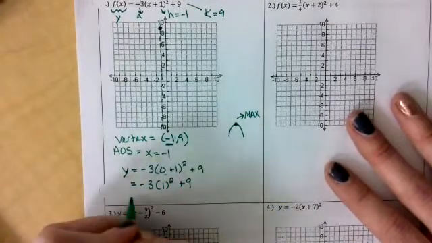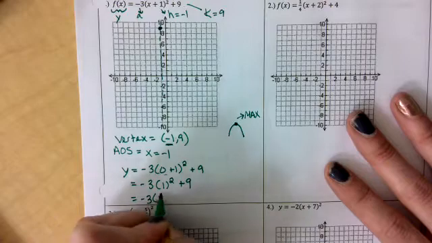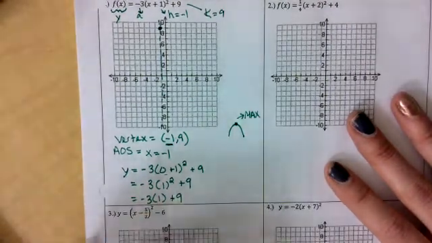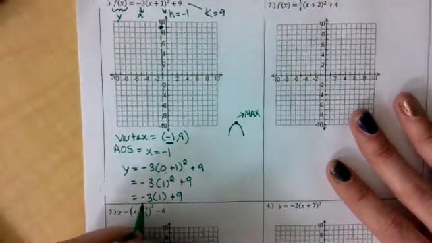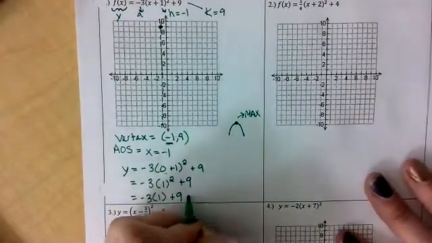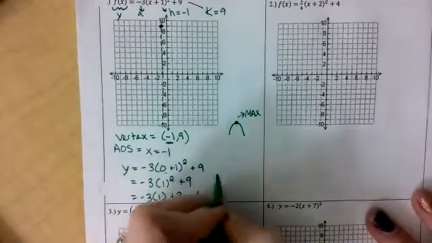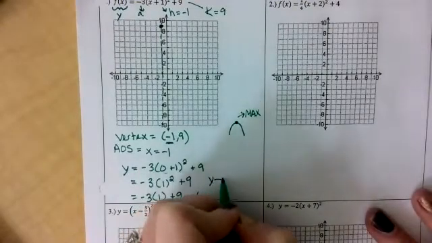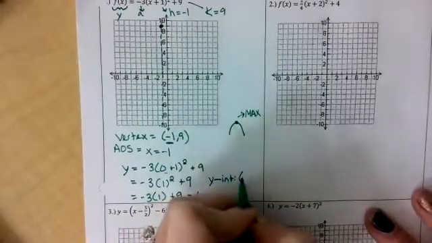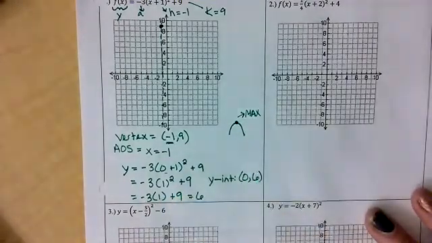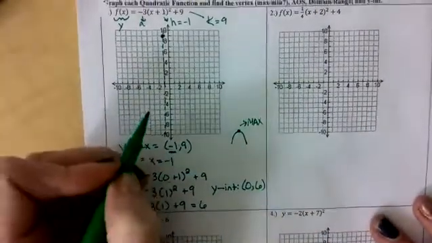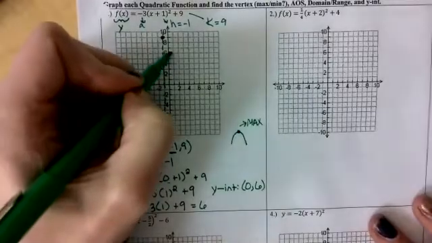And then you can square. -3 times 1 is -3. -3 plus 9 gives you a 6. So my y-intercept would be 0, 6. So 0, 6 is right here.